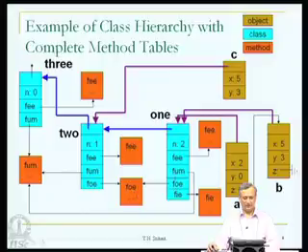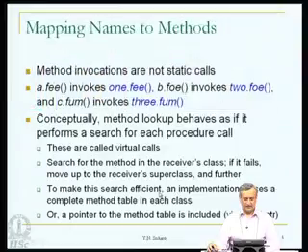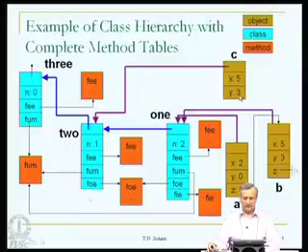So, there is no 4 here. Then C dot fum invokes 3 dot fum. When we say C dot fum, C is an object of type class 2, but it does not have its own fum, it is actually from class 3. So, C dot fum really invokes 3 dot fum.